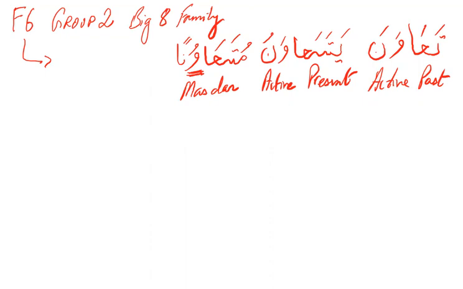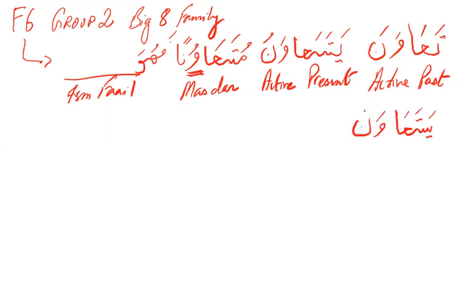Okay, and then what comes after Ta'awana, Yata'awanu, Ta'awunan, fahuwa? What is the word called grammatically? Ism fa'il. Yes. And ism fa'il is made from what word? Active present tense. Exactly. Yata'awanu. And then what are the 3 changes that we need to do? A meem at the beginning.